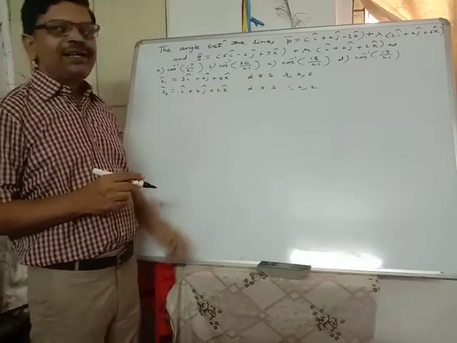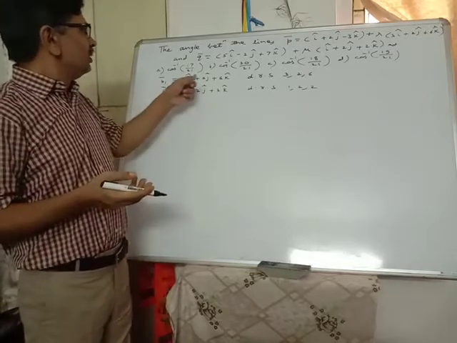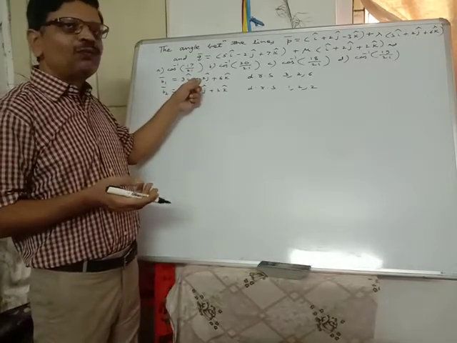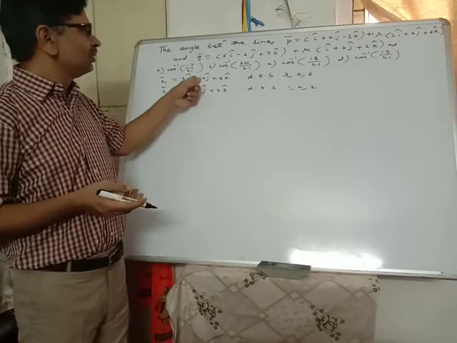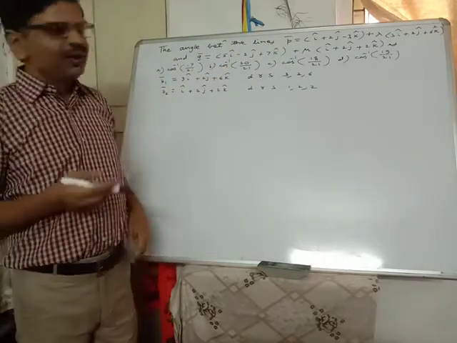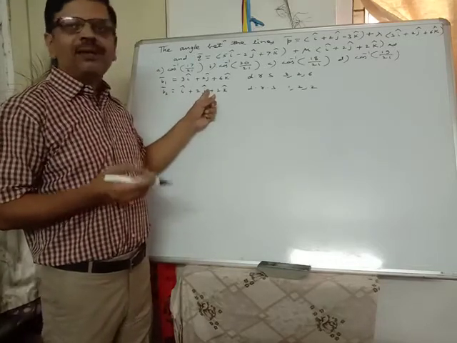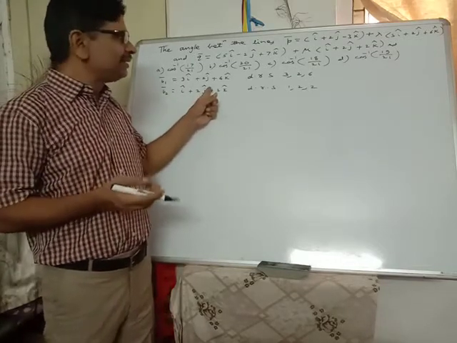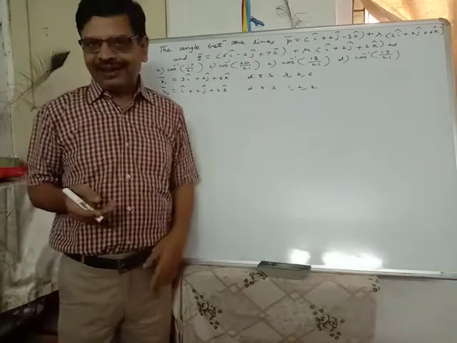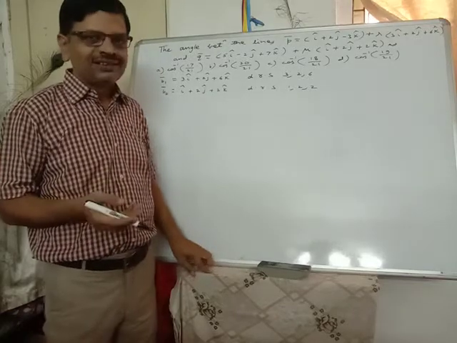Now direction ratios of parallel lines are same. Direction ratios of vector b1 bar are nothing but direction ratios for the first line. Direction ratios for vector b2 bar are direction ratios for the second line. So we know direction ratios of two lines.